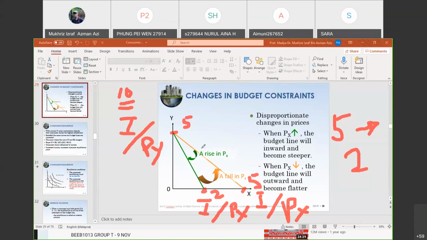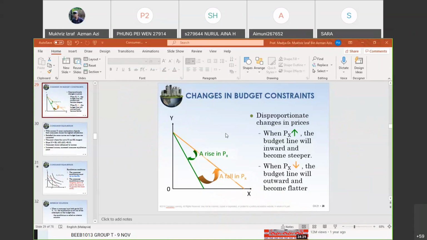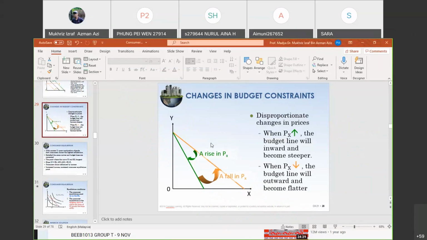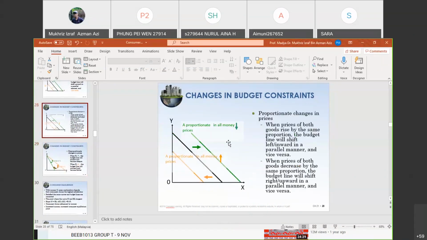So you can see how you can shift your budget line, depending on which price changes. But if the income changes and the price of X and Y do not change, then recall that the formula to calculate the intersection point is I over PY for this point, and income divided by the price of X for the other.